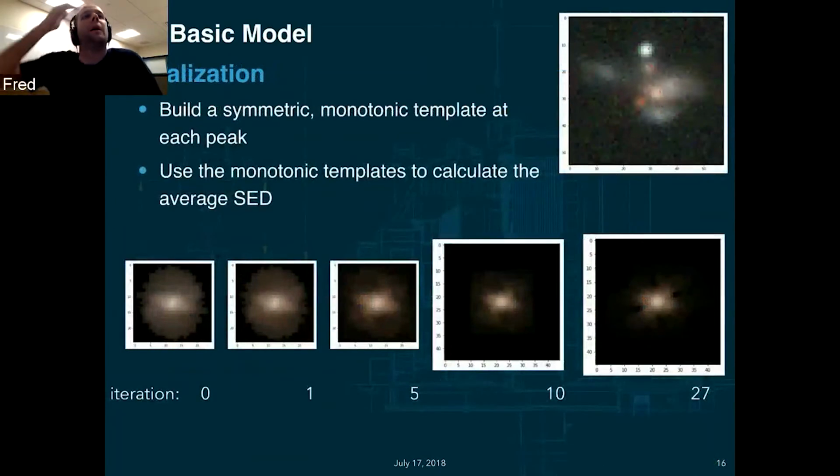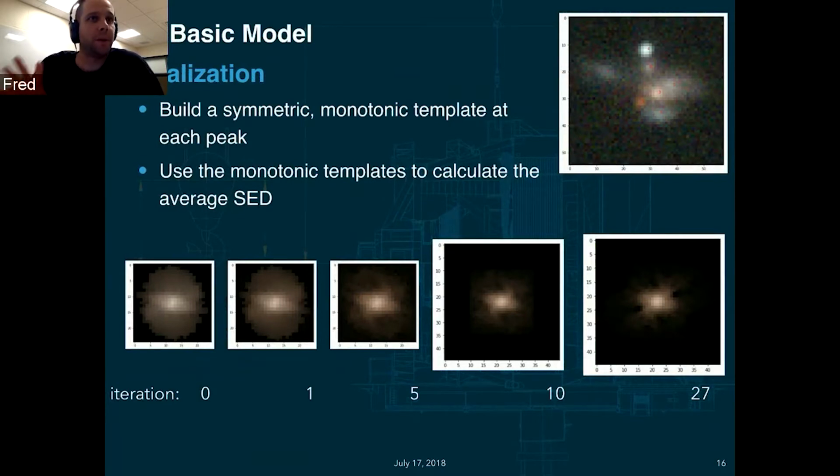There we go. Okay, so how do we initialize it? We take a very similar approach to the Slender blender in that we initialize with the symmetric and monotonic template at each peak. We look at each point source, and we say that a symmetric monotonic template is a good place to initially approximate it.